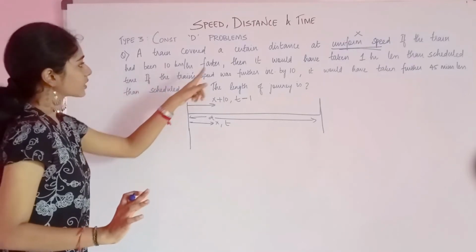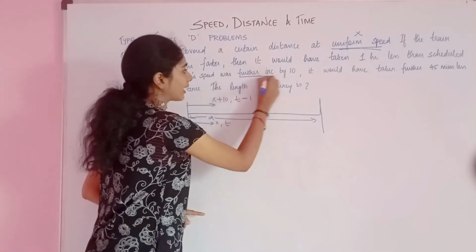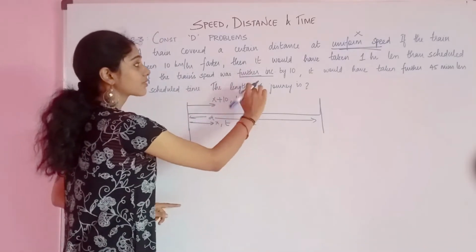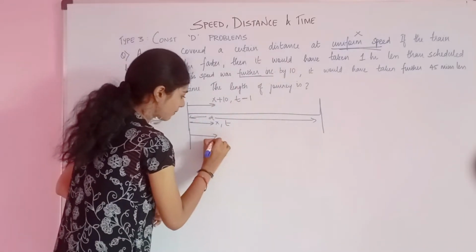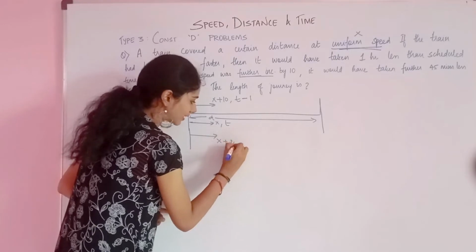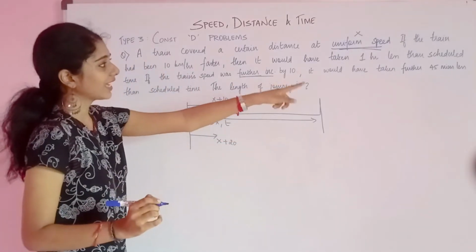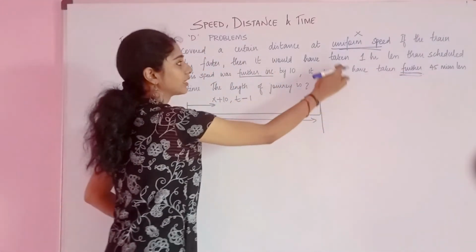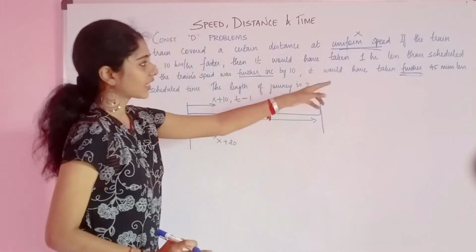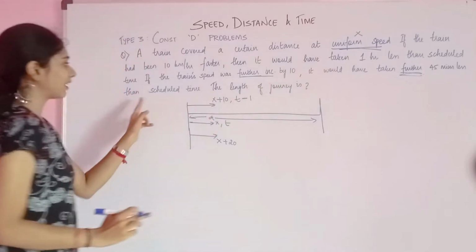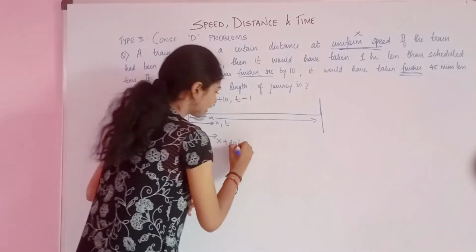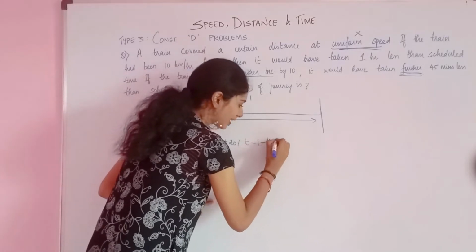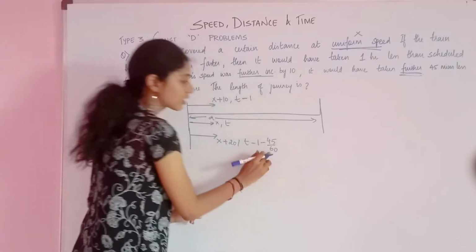So the third statement: if the train speed was further incremented by 10, which means it had already been increased by 10 and is further incremented by 10, so it will be x plus 20. With respect to the previous statement, it would have taken a further 45 minutes less than the scheduled time. So further 45 minutes less is t minus 1 minus 45 by 60, because it is given in minutes.